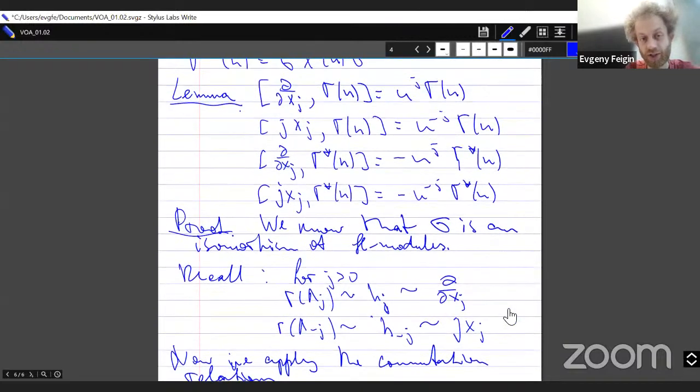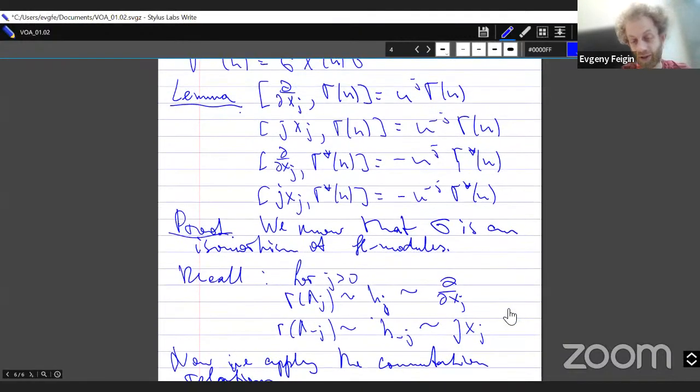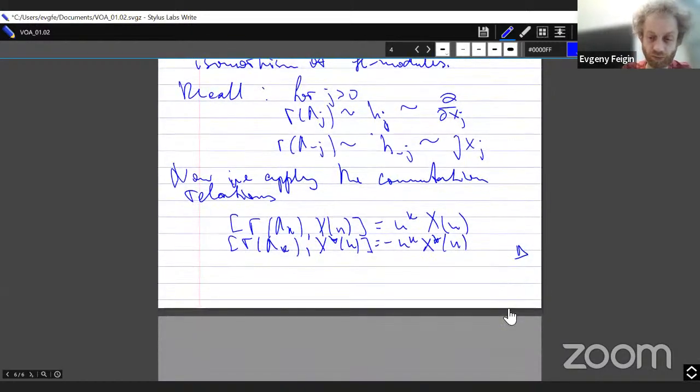Okay, so then these relations, which we see in the lemma, are just a reformulation, rewriting what we already have.